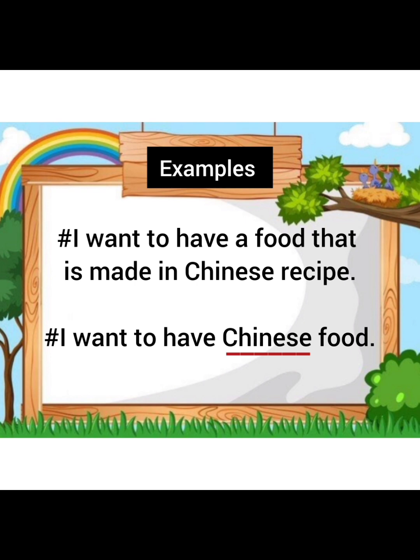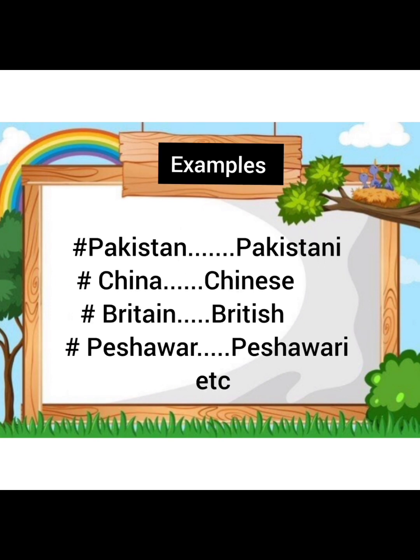Let's have a look at examples of how these adjectives are formed from proper nouns. For example, Pakistan is a proper noun, and from Pakistan, we can make the word Pakistani that functions as a proper adjective. Then we have, for example, China, and Chinese is a proper adjective.